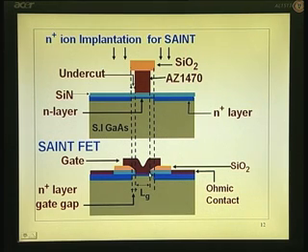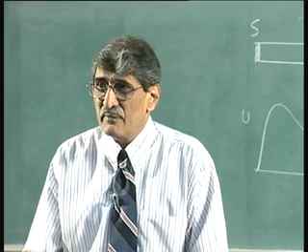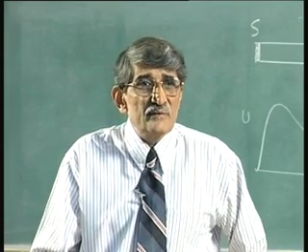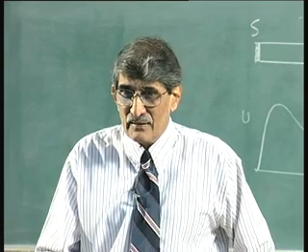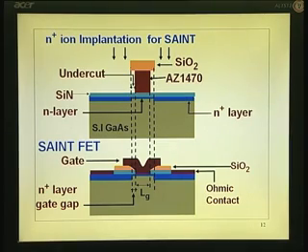This is the gap we are talking of, between this edge and this n plus layer, which is the result of this undercut. Okay. So, now what we are showing is the results that people have achieved with different gaps. What is the effect of that on the performance of the device? What are the parameters which we talk of as performance? One is the threshold voltage, and the other one of course is the transconductance that we have seen, which is already there, a good effect.